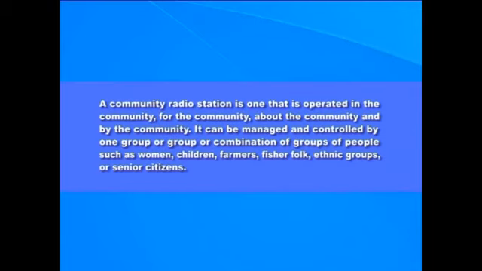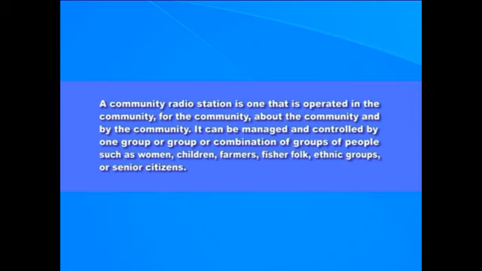A radio station is recognized as community radio when the station is owned by a non-profit group or by a cooperative whose members are the listeners themselves. A community radio station is one that is operated in the community, for the community, about the community, and by the community.